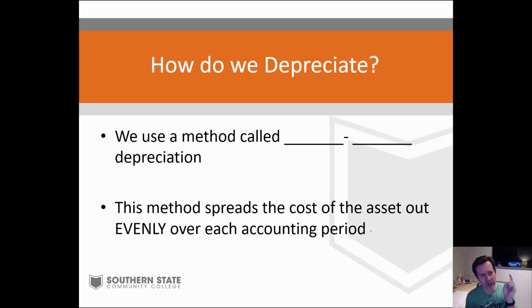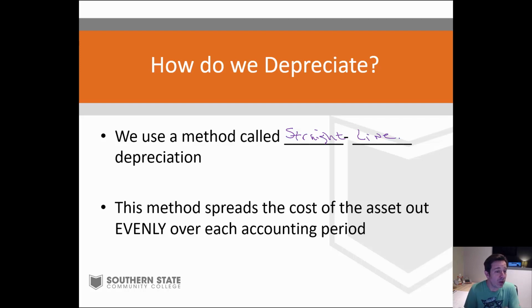In Principles of Accounting, we learn one method for depreciating an asset, and it's called straight line. Now, there are about 4 or 5 different ways in reality that we can depreciate something, and we learn about those in second year accounting if you're an accounting major. But for now, we learn what's probably the easiest and most simple way to depreciate.